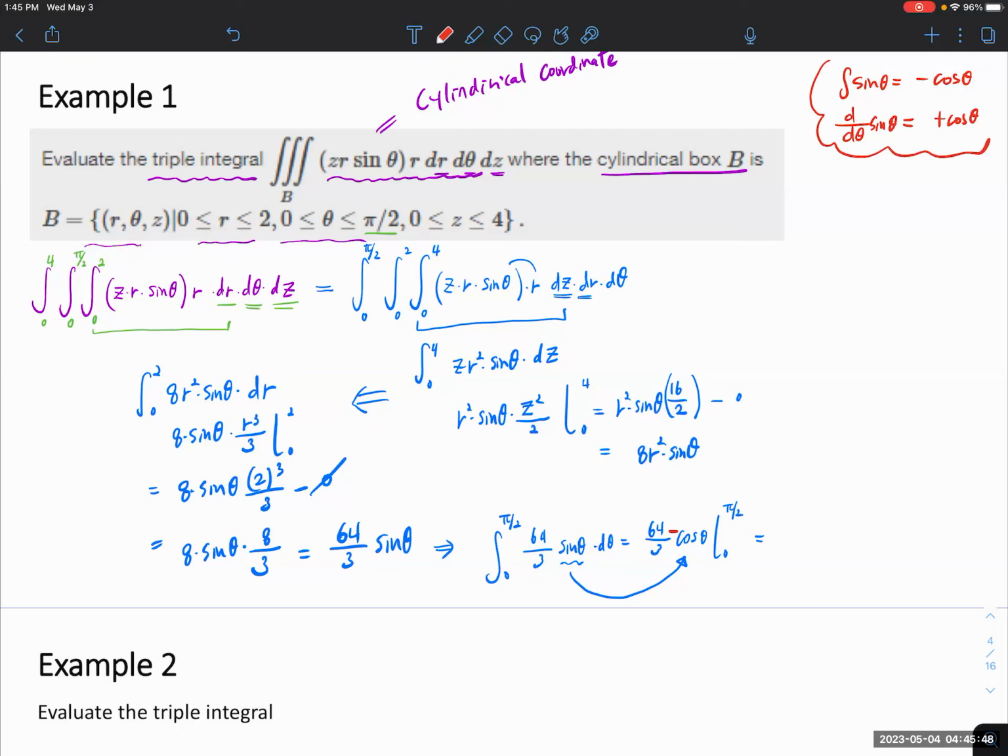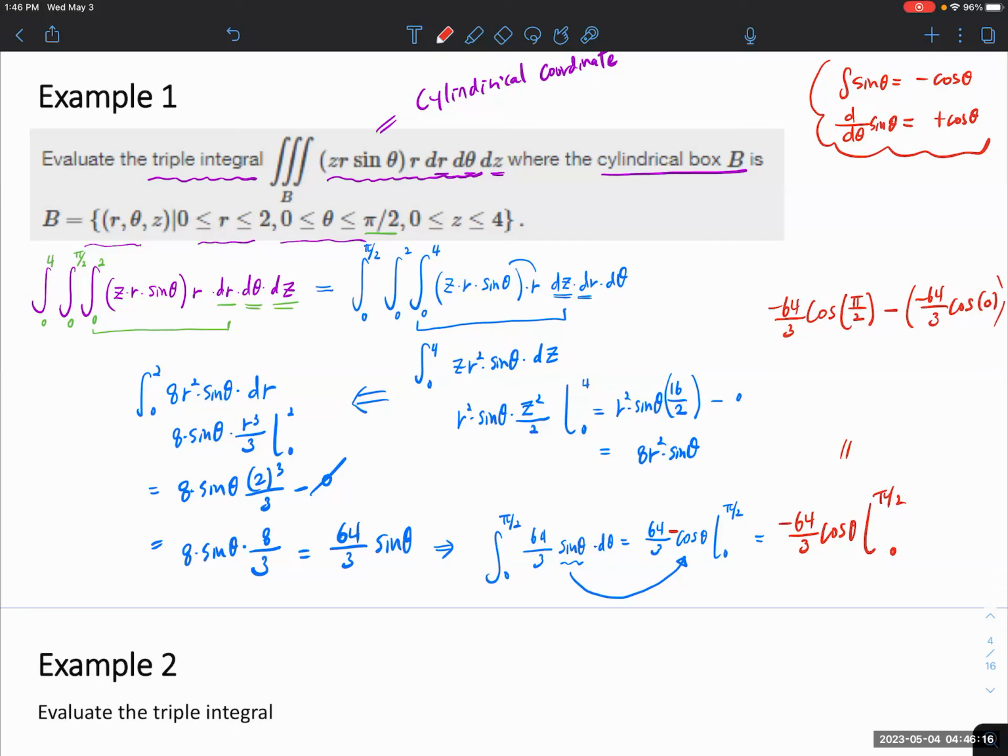So one more time, then negative 64 over 3 cosine theta, pi over 2, 0. Am I correct? So now you can finish up. So negative 64 over 3 cosine pi over 2 minus negative 64 over 3 cosine 0.